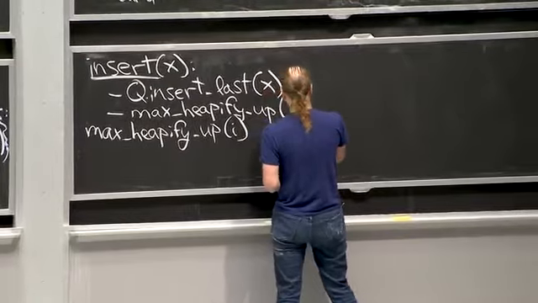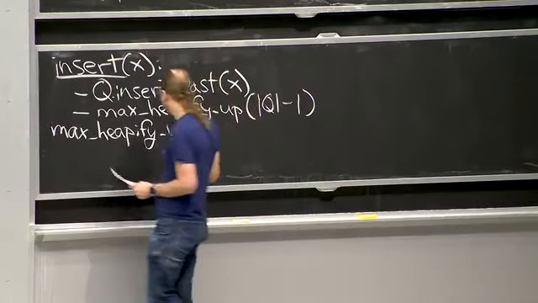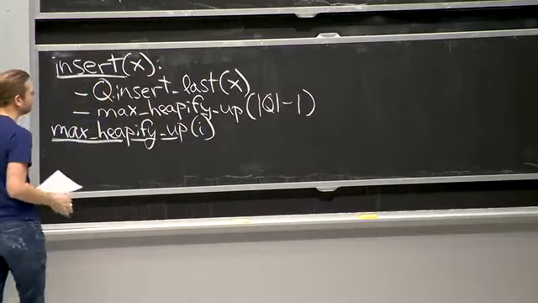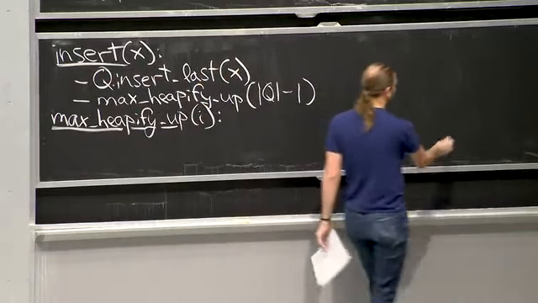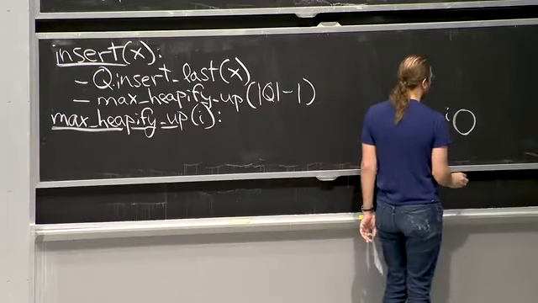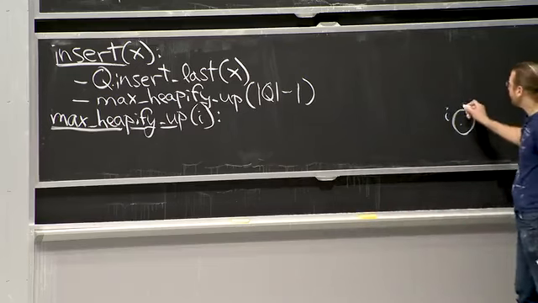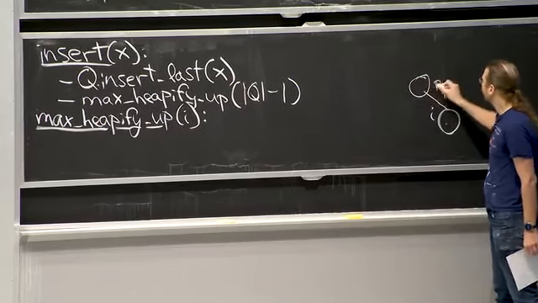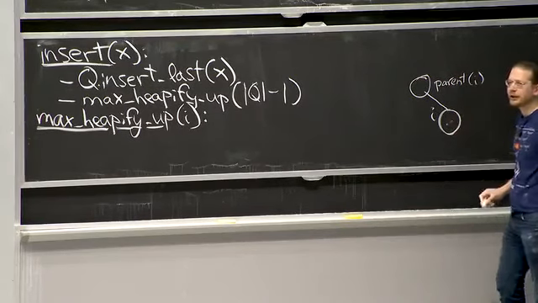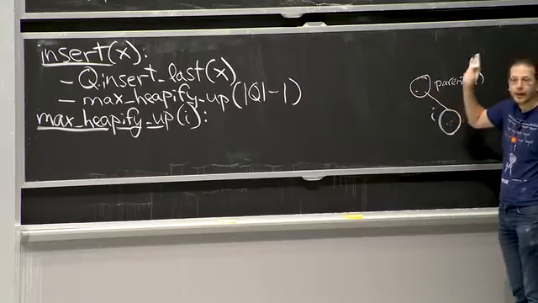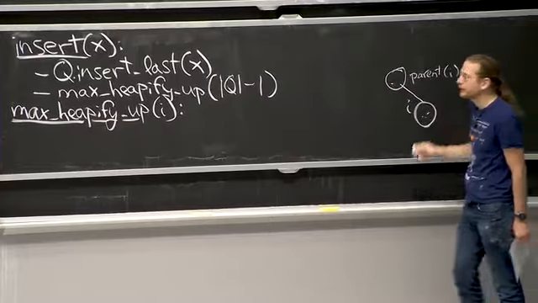We're going to start at size of Q minus 1 for our value I, but it's going to be recursive. So we look at a node I, in particular the one that just got inserted, and where could it violate things? Well, with its parent, because we have no idea what key we just put here. Maybe it's less than our parent, then we're happy. But if it's greater than our parent, we're in trouble, and we should fix it.